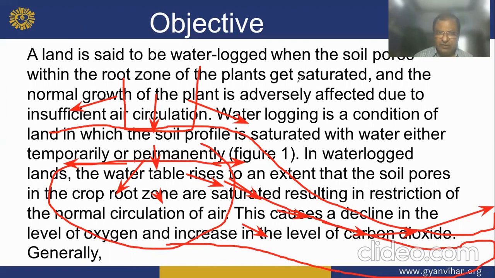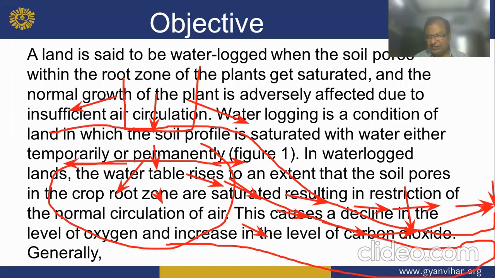Now, my dear boys, the water table position rises, and this water comes on the top of the earth and all the soil root has been submerged.